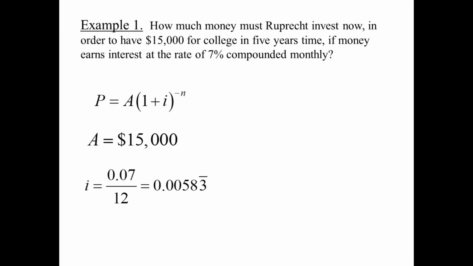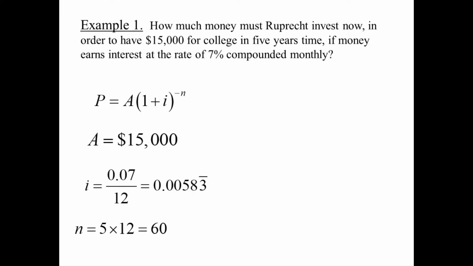And n we can also figure out using our skills. In 5 years' time compounded monthly, how many months go by in 5 years? Well, it'll be 5 times 12. And so n is 60.